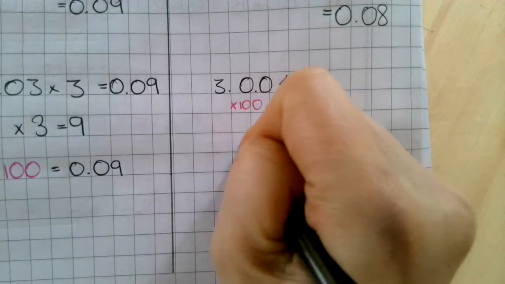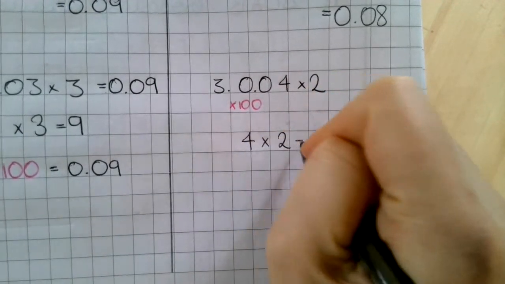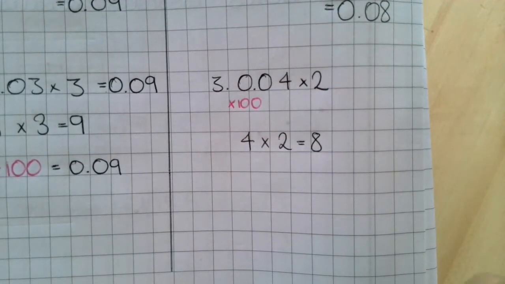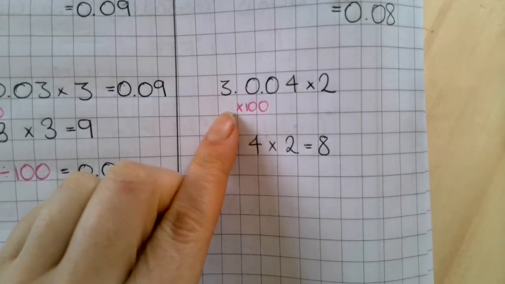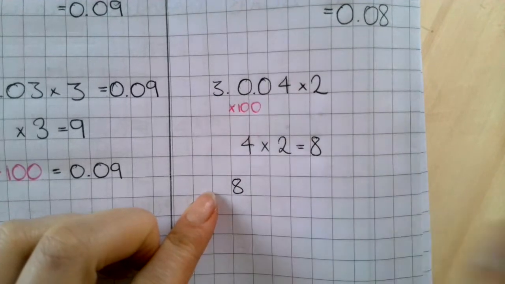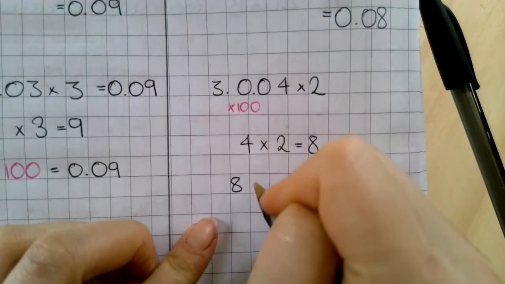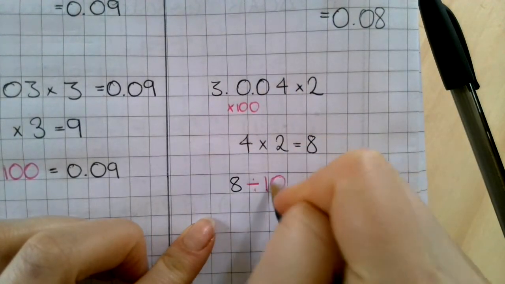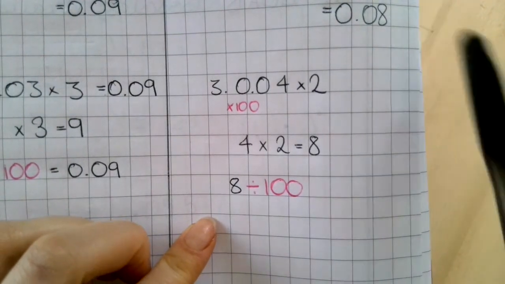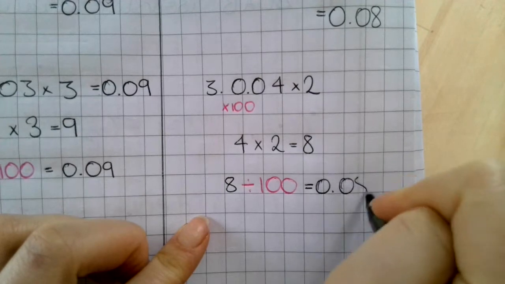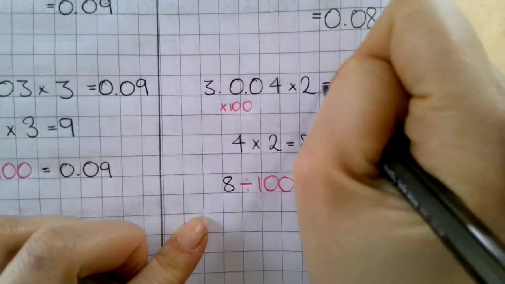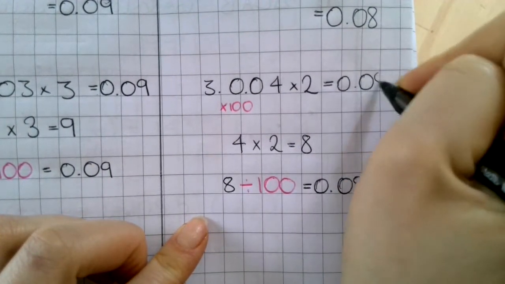So I get 4 times 2, which is 8. I then need to undo this multiplication of 100 by doing the inverse of multiplying by 100. So dividing by 100. 8 divided by 100, that's 0.08. So my answer is 0.08.